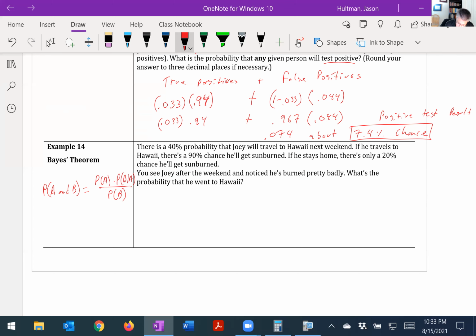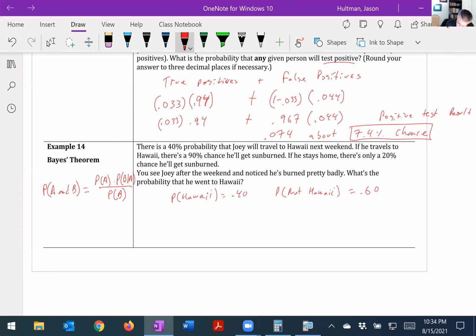Let's use this to try to calculate what's going on here. It says there's a 40% probability that Joey will travel to Hawaii. So the probability of Hawaii is 40%, which means there's a probability of him not going to Hawaii of 60%.